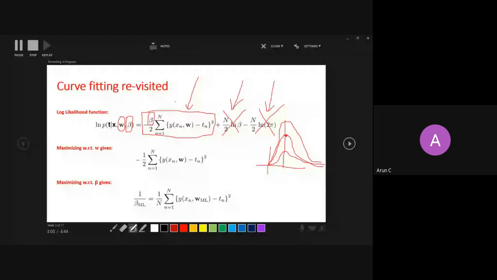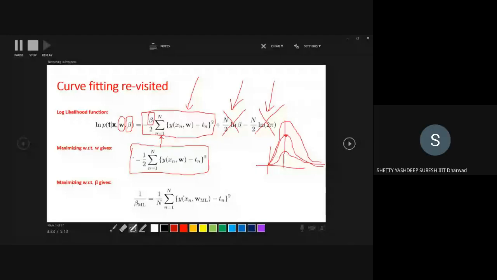So I mean to say, in the first term, if you replace this beta with 1, you get this expression, and maximizing this expression will give the same result.